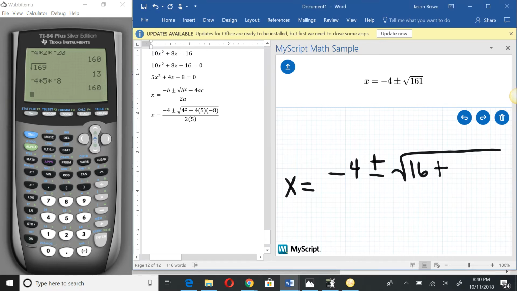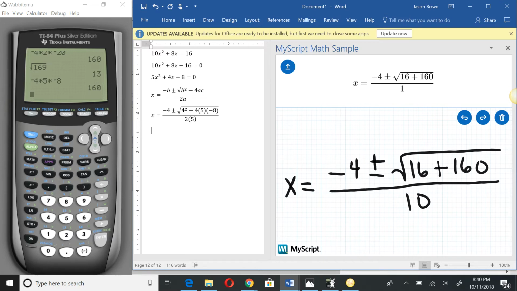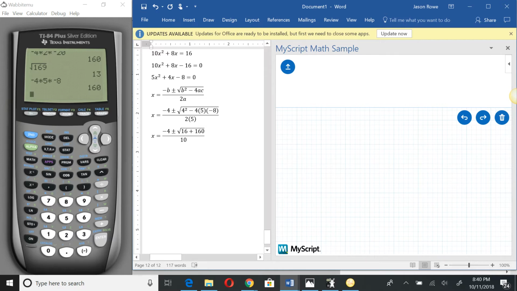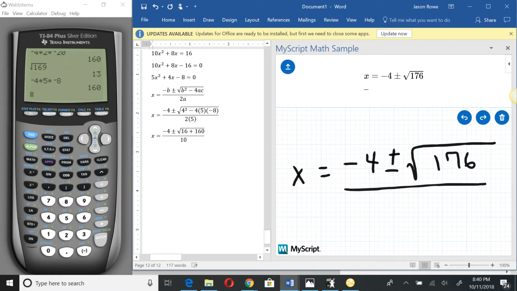And you see it's positive, so it's plus 160. All divided by 2 times 5, that's 10. All right, we're going to add 16 and 160 to get 176. And that's divided by 10.